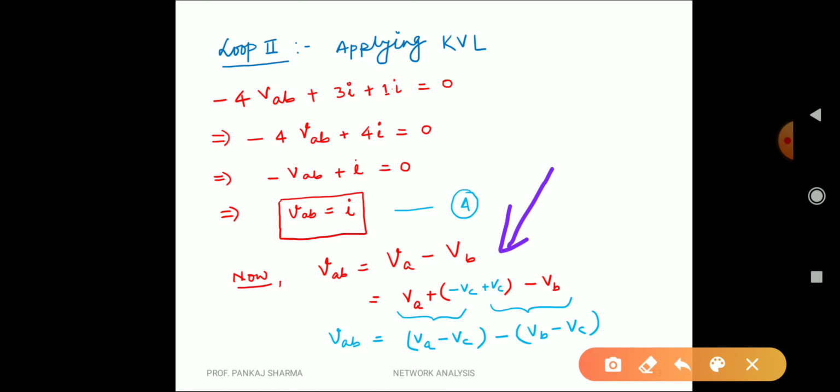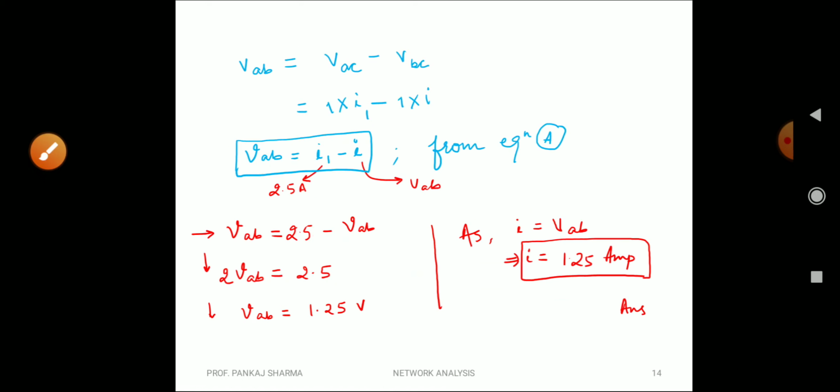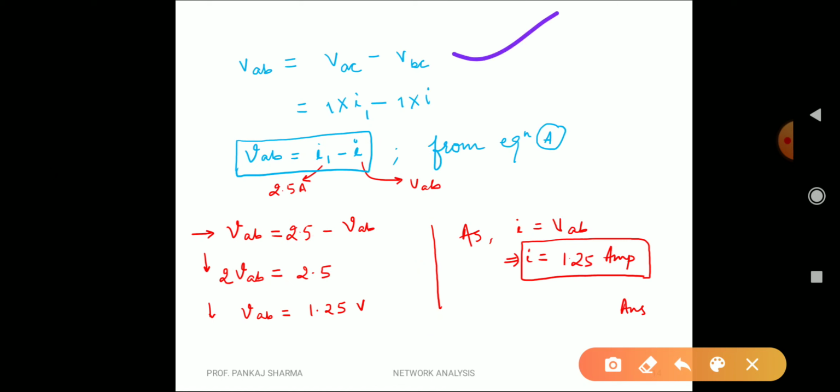I have inserted minus VC plus VC and taken out common VA minus VC, and taken minus common out from here, so minus of bracket VB minus VC. So VAB is equal to VAC minus VBC. Put the value from the diagram. V is equal to IR, or R into I. R value is 1 and I value is I1. Same is here. So VAB is equal to I1 minus I.